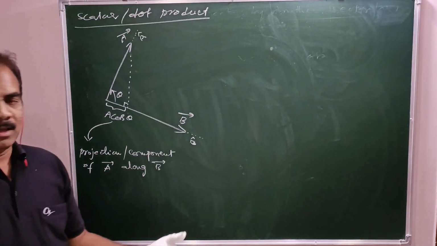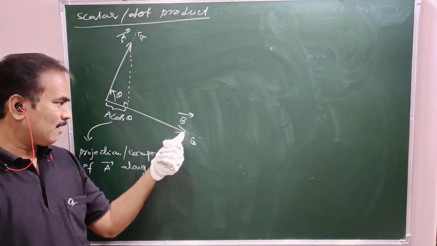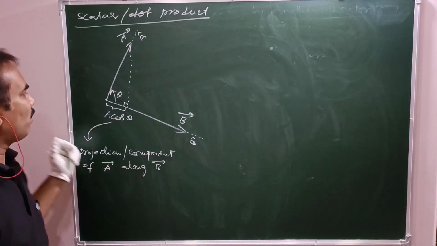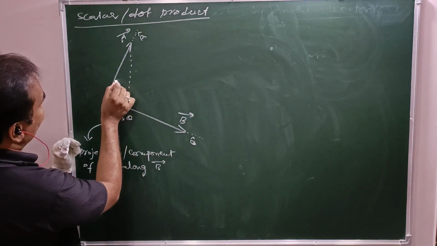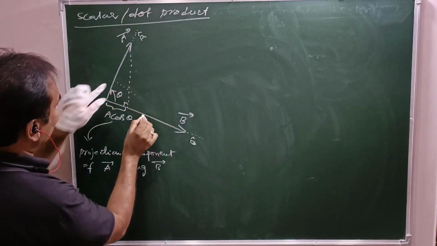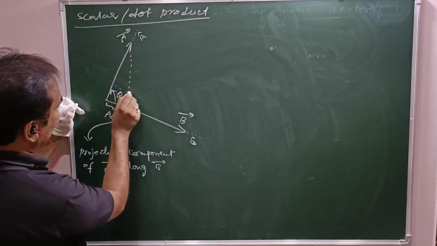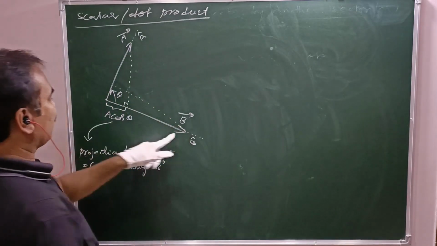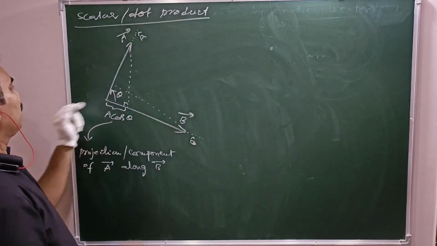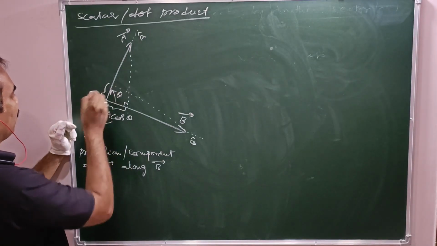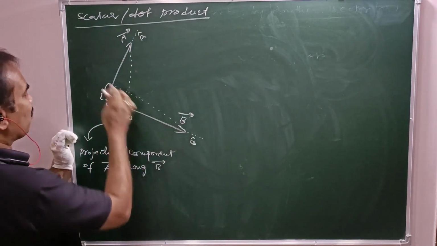Similarly, if I draw one normal from the tip of B bar onto A bar, somewhere here, one normal is drawn.